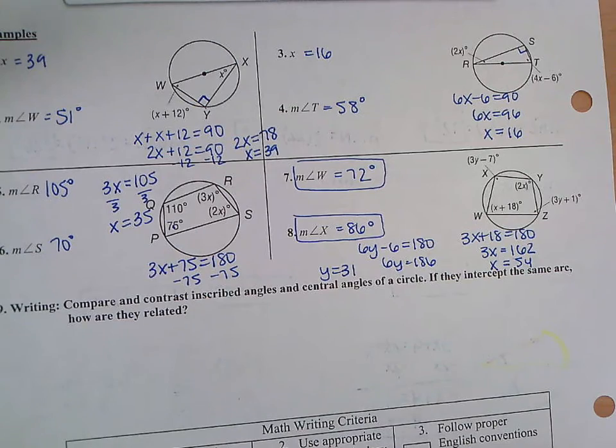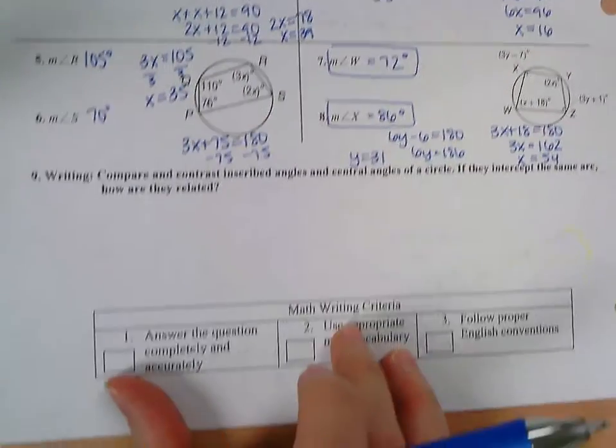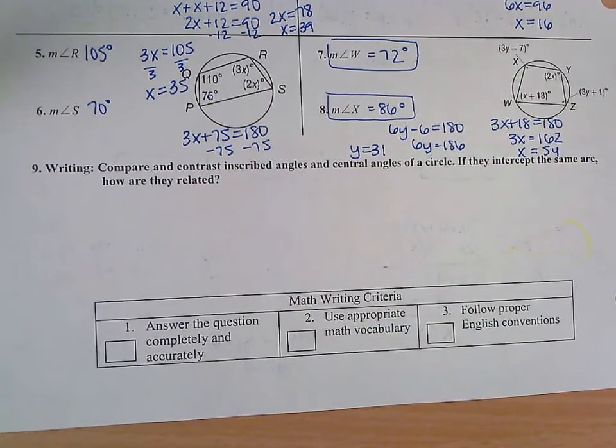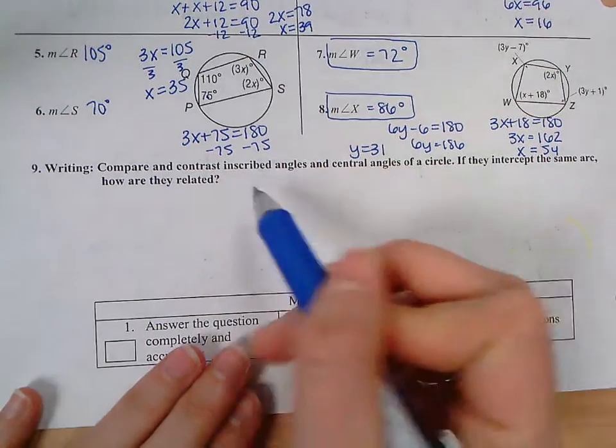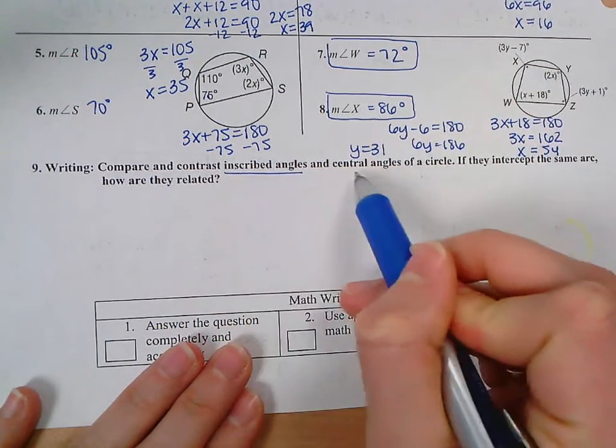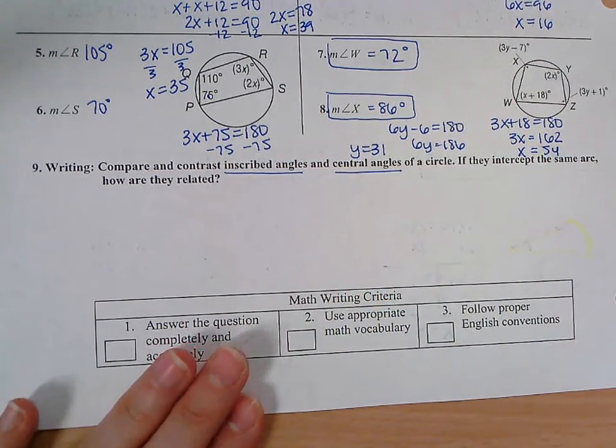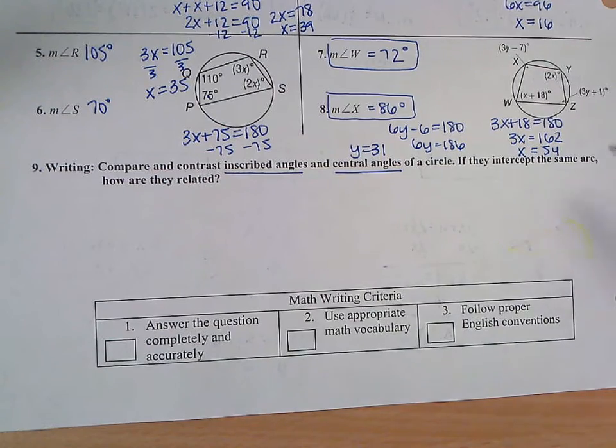Okay, and if you already took a look at this and kind of wrote some things down, make sure you have the correct information written down. So this says to compare and contrast inscribed angles and then central angles of a circle. And then it says if they intercept the same arc, how are they related?